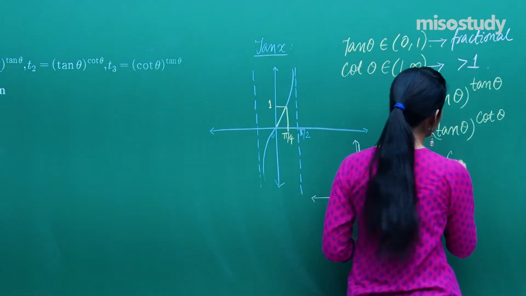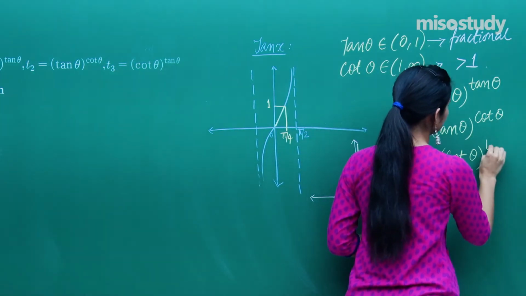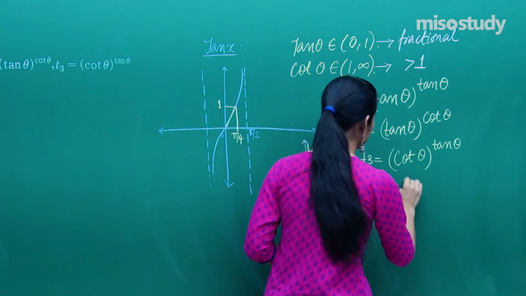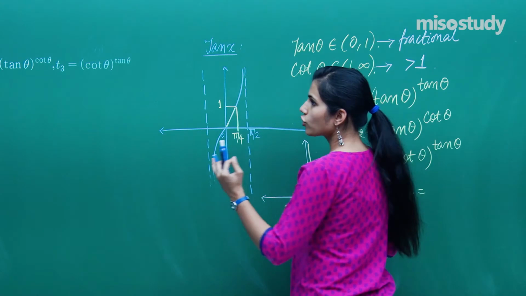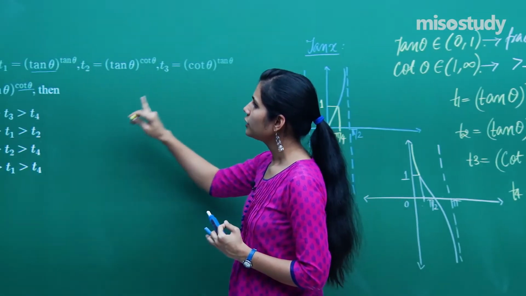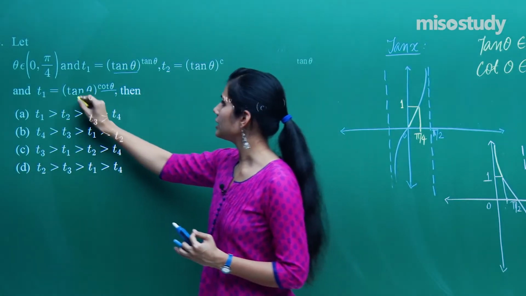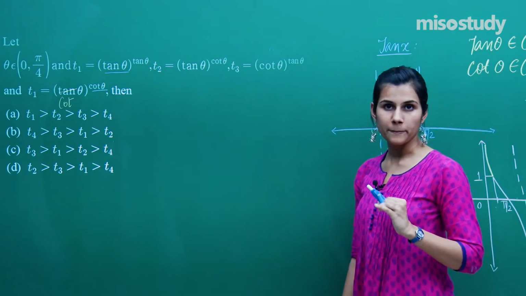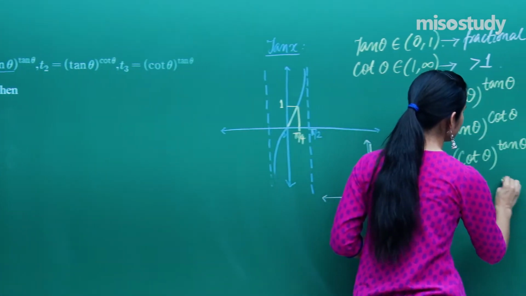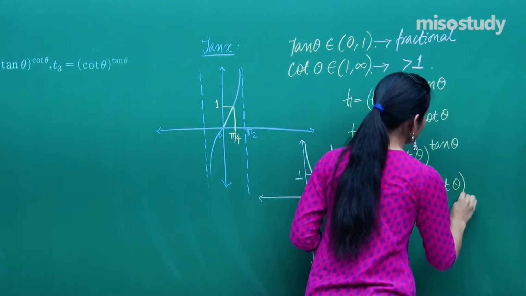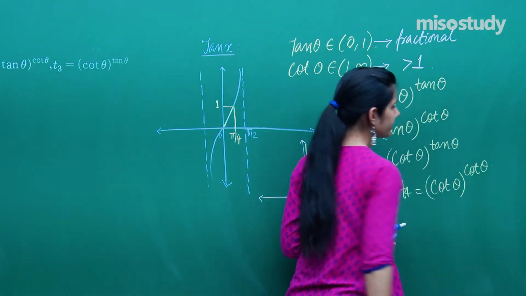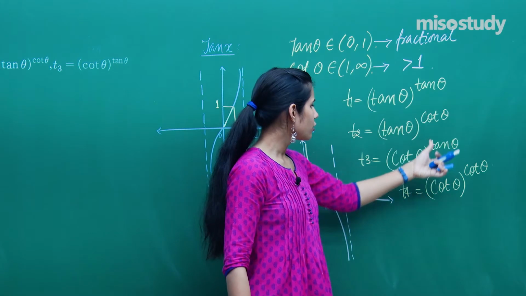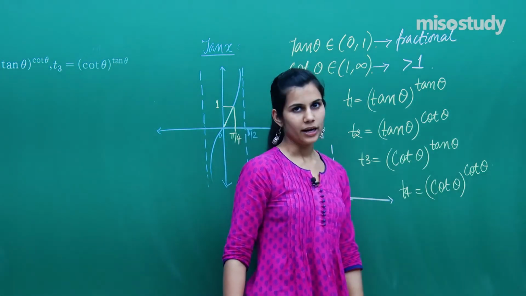Cot theta to the power tan theta: number greater than 1 to the power fractional. T4 would have been cot theta to the power cot theta, because the question basically tried to give you number greater than 1 to the power number greater than 1. So T4 is cot theta to the power cot theta. So you have tan to the power tan, tan to the power cot, cot to the power tan, and cot to the power cot.